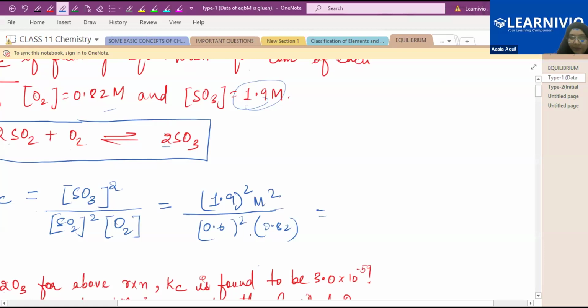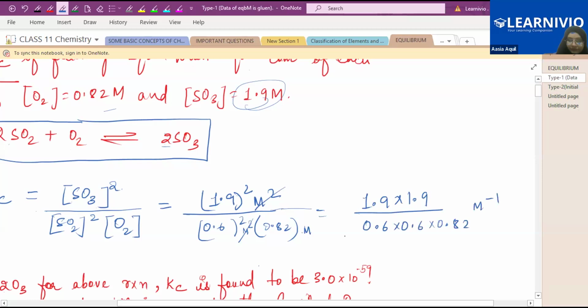In the denominator it will be molar squared and here molar, since O2 concentration is only one time. So one molar squared will cancel out, and this will remain as per molar. So 1.9 multiplied by 1.9 upon 0.6 into 0.6 into 0.82, per molar.